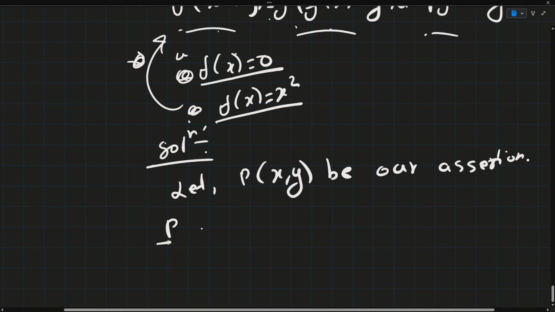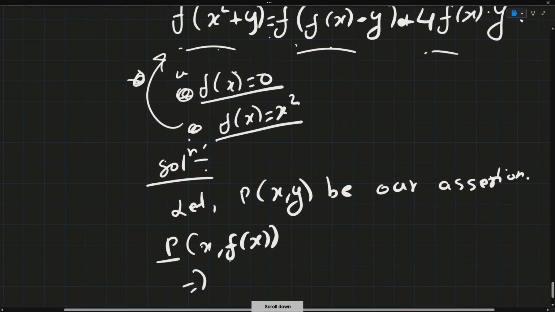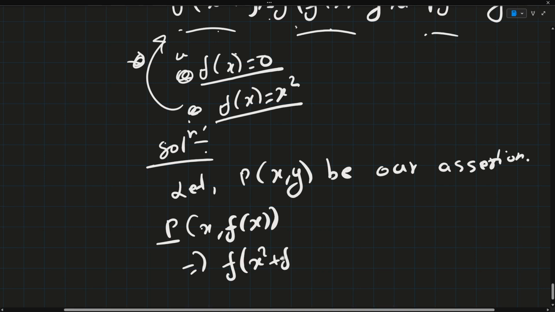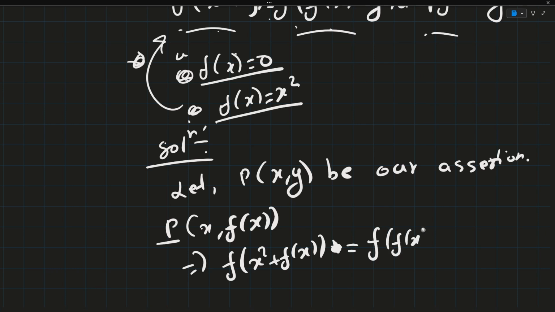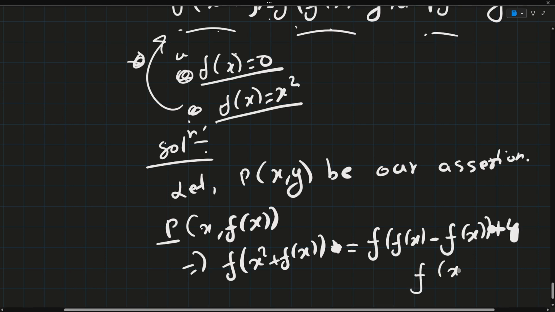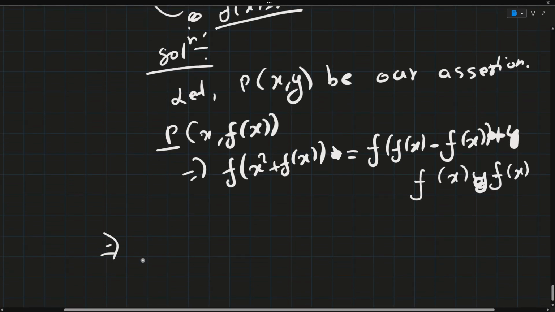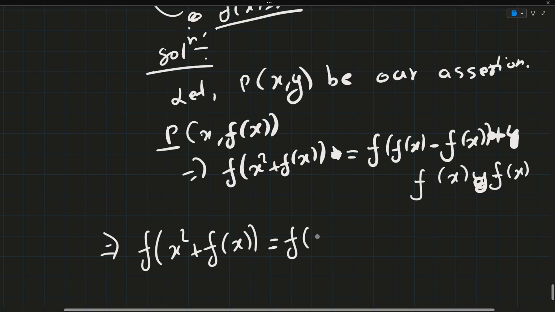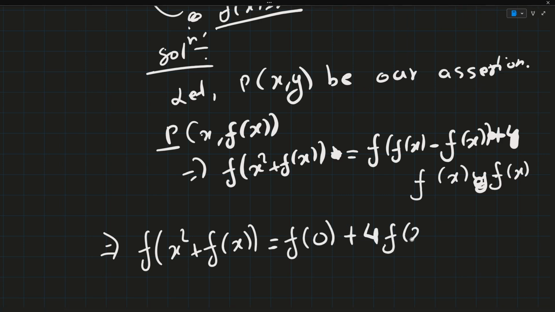Now we do this: P(x, f(x)) implies f(x² + f(x)) = f(x² - f(x)) + 4f(x)f(x), which implies f(x² + f(x)) = f(0) + 4f(x)². Let's call this equation (1).